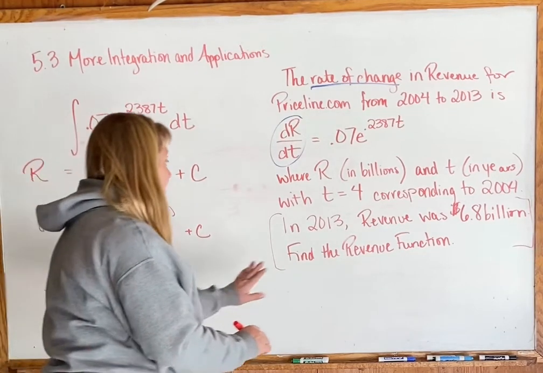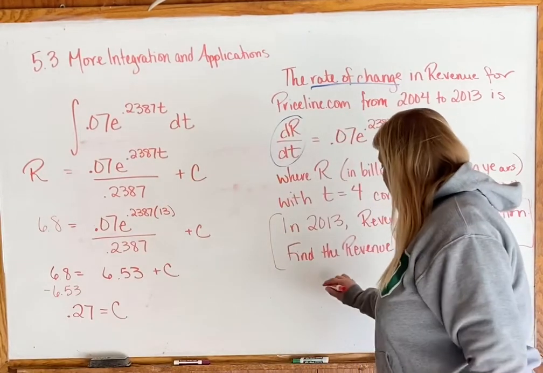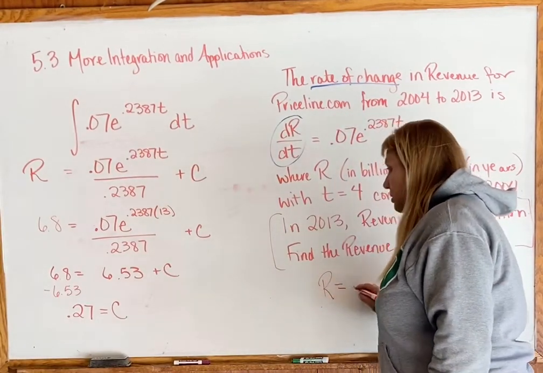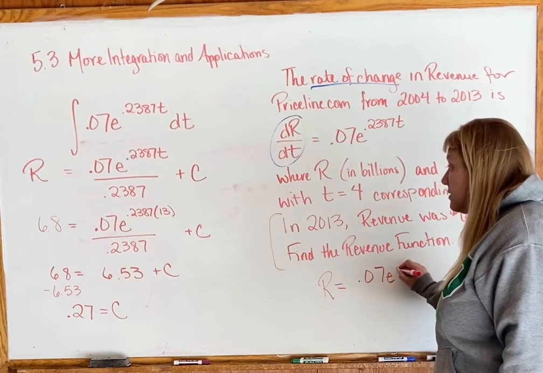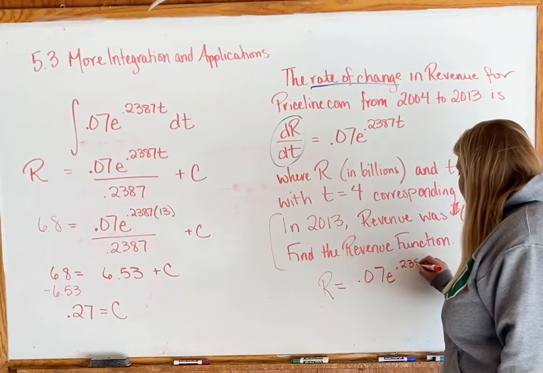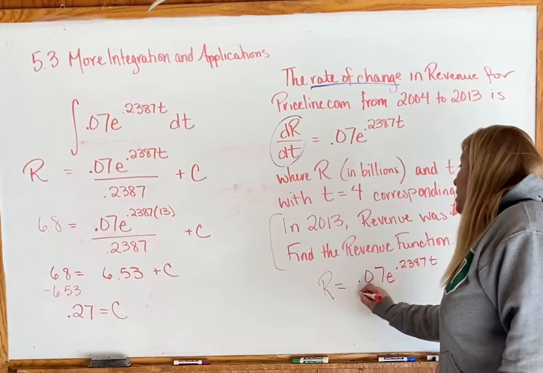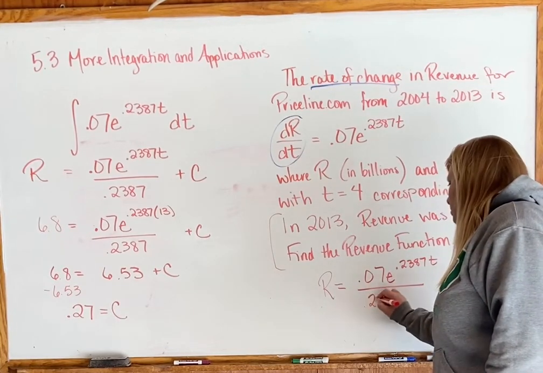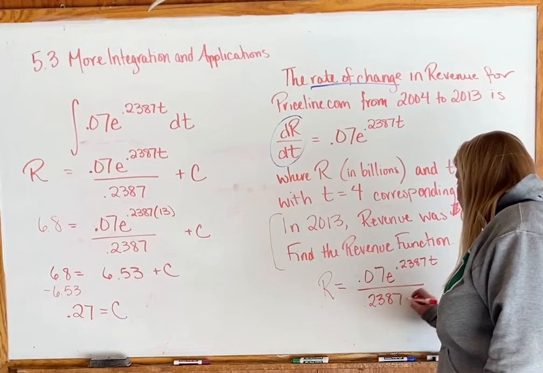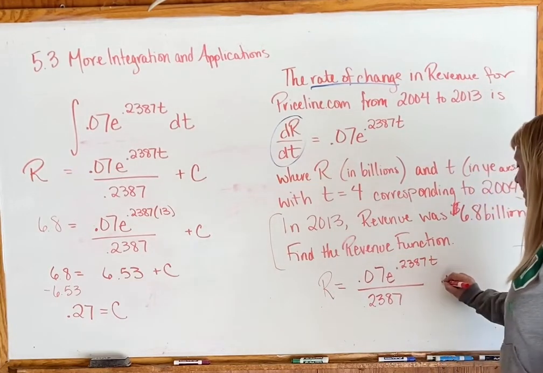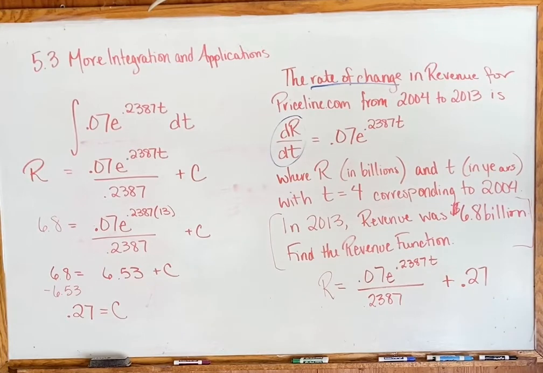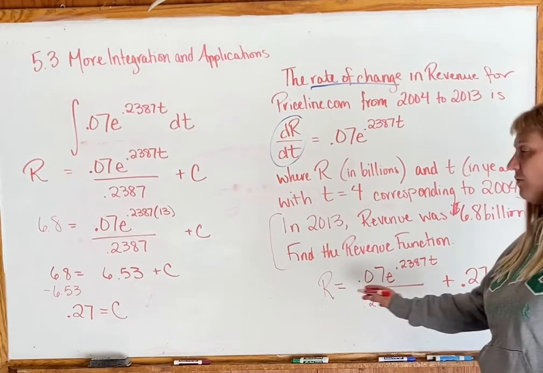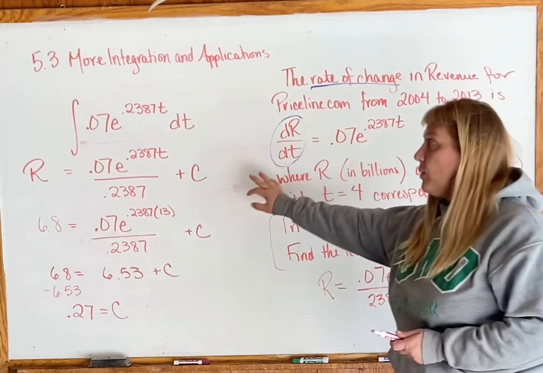So we get that the revenue function is R equals 0.07 e to the 0.2387t over 0.2387, and now at the end we can put plus 0.27, and we actually have the full revenue function, not the one with the c.